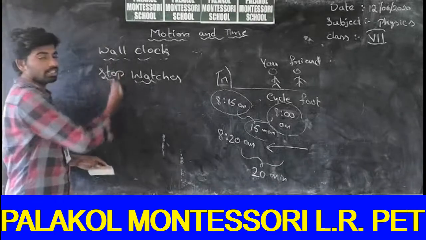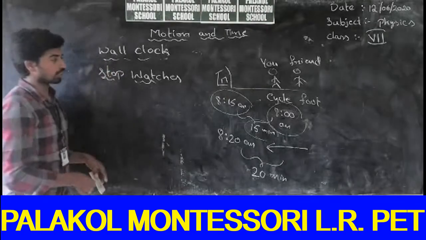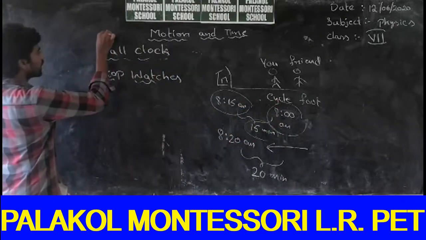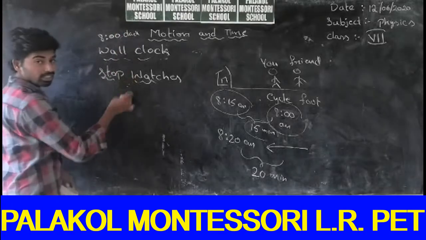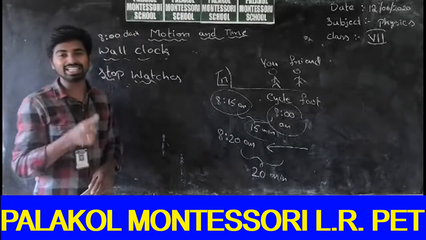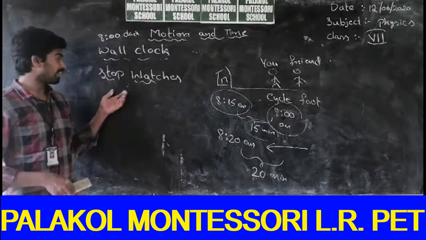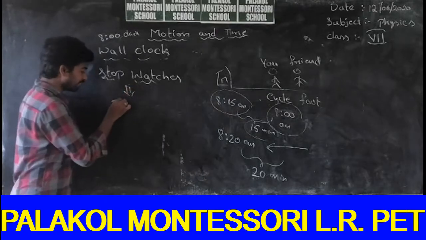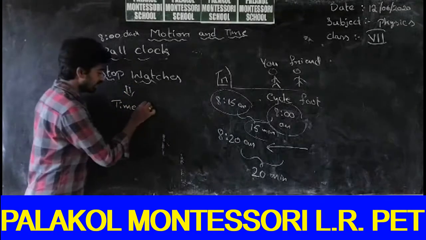For example, it will show 8 o'clock. So whenever you are starting from home, the wall clock shows a time of 8 o'clock. But the stopwatch gives the time gap. A wall clock shows an exact time, whereas a stopwatch gives time intervals. A stopwatch is used to measure time intervals.